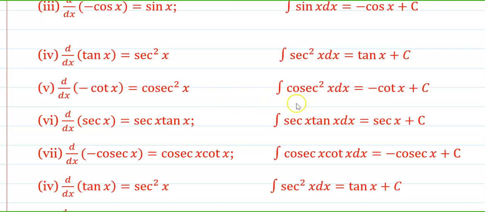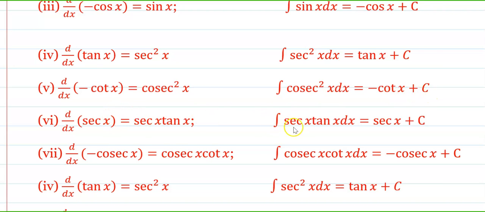Next, if I want to find the integral of cosec square x, I ask which function has derivative cosec square x. The answer is minus cot x, and hence the integral of cosec square x into dx is minus cot x.